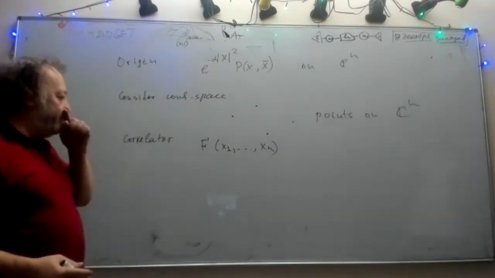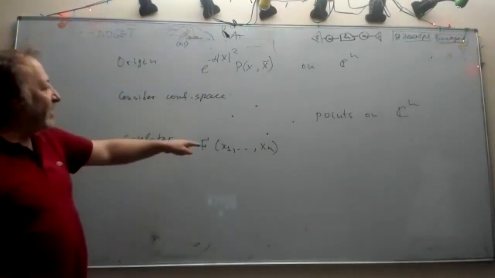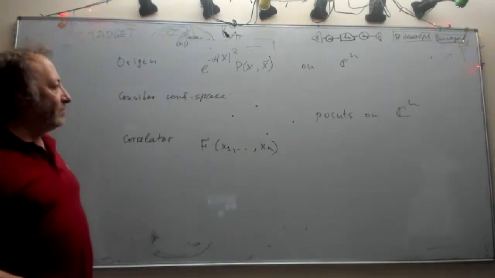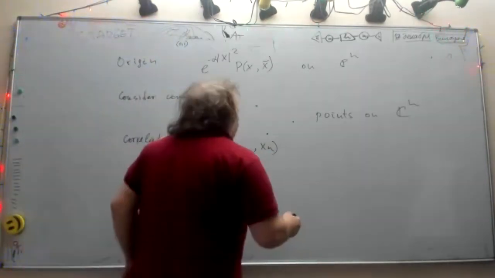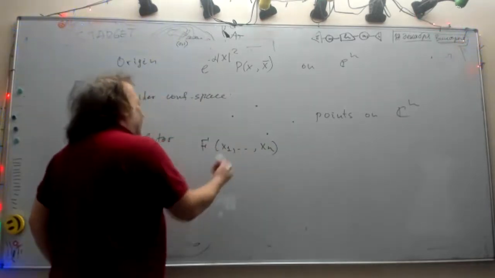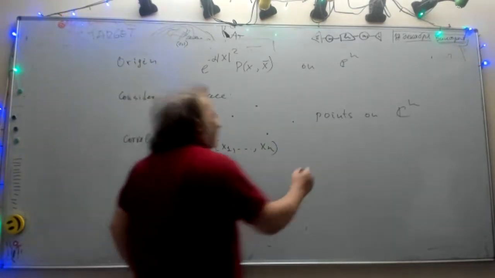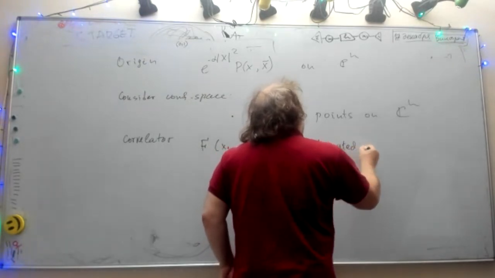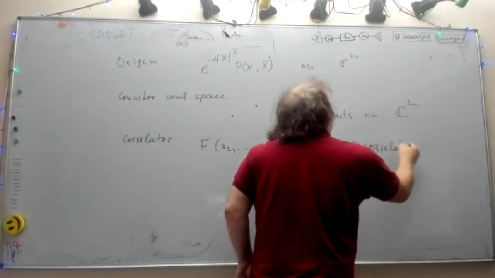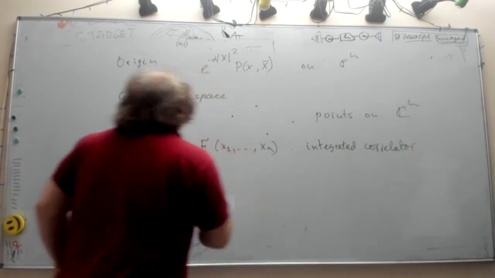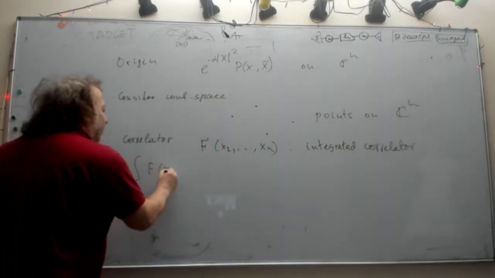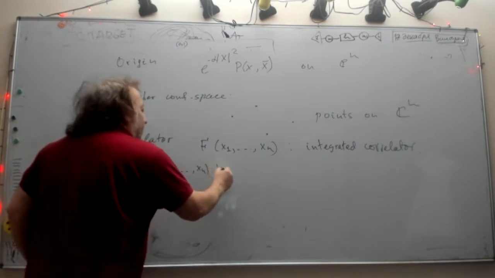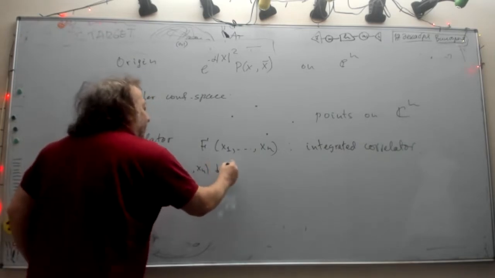Now, so I write coordinate x. Now, sometimes we do not need to study the correlator itself. Sometimes we study the integrated correlator. We would like to take an integral, dx.